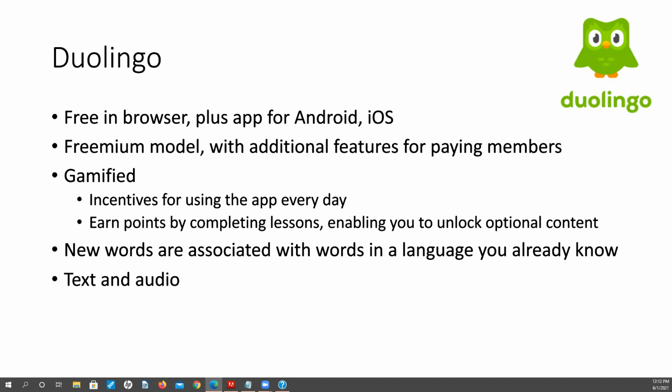And that lets you unlock optional content for free, which is stuff like you can make little outfits for Duo, which is the little owl logo, or you can unlock optional lessons, such as they have one in some languages about words pertaining to romance. So you could learn the romance words.